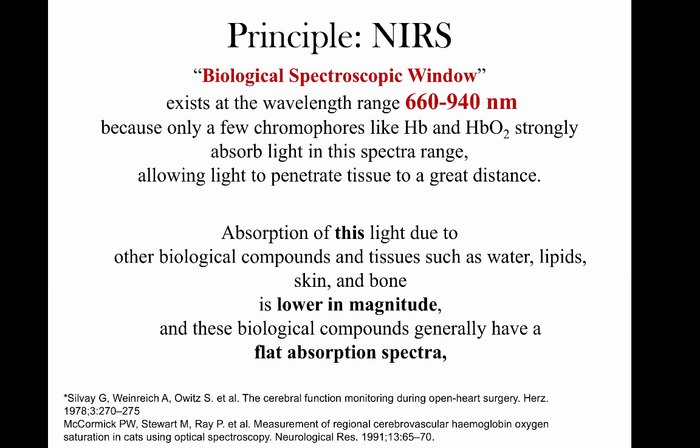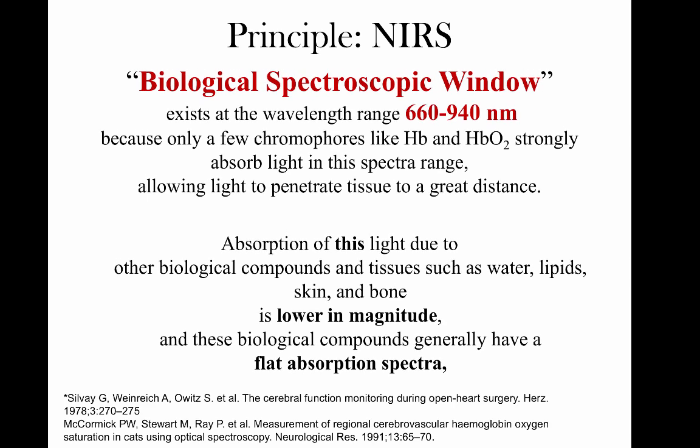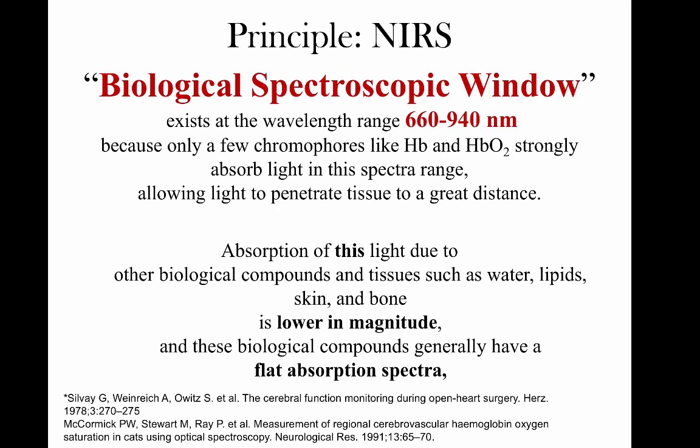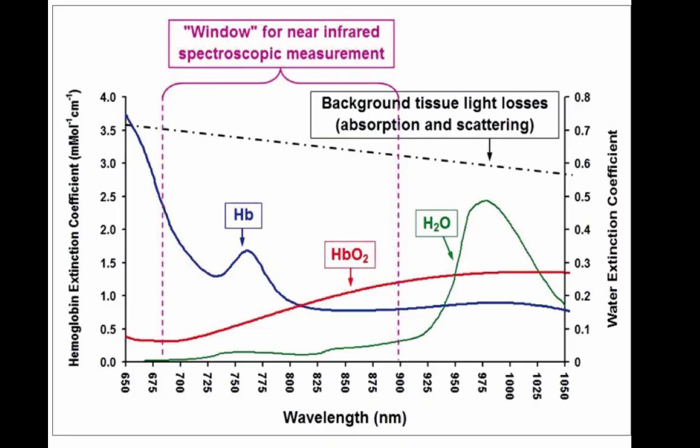Absorption of this light due to other biological compounds in tissues such as water, lipids, skin, and bone is lower in magnitude, and these biological compounds generally have a flat absorption spectra. So here's the biological spectroscopic window right here at this 660 and 940 range. And here you see it.